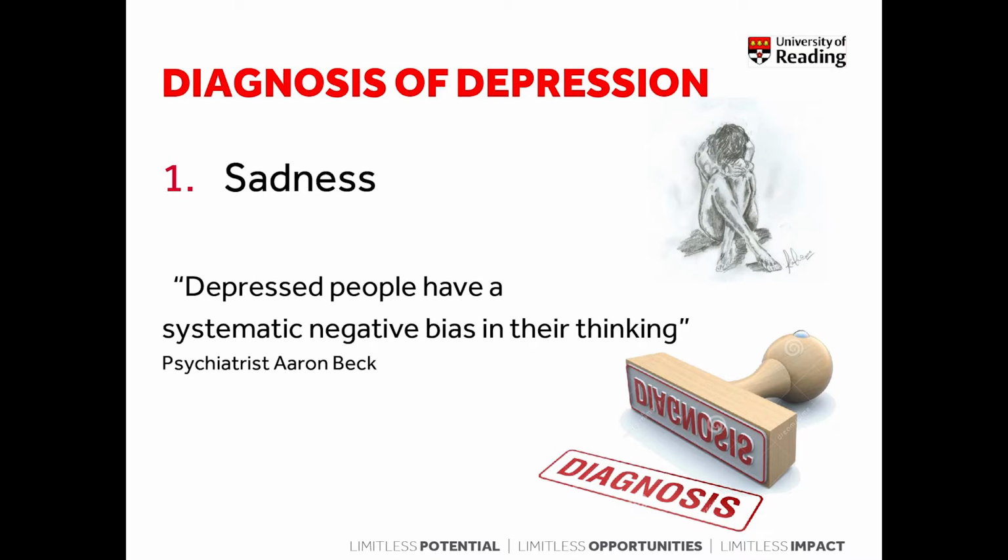So when we think of depression, we often think of the sadness and the low mood. And it's quite well known now that this symptom of depression seems to be maintained by what's called a negative bias. And what is a negative bias? This is the ability to really focus on negative information and an over-processing of negative information.